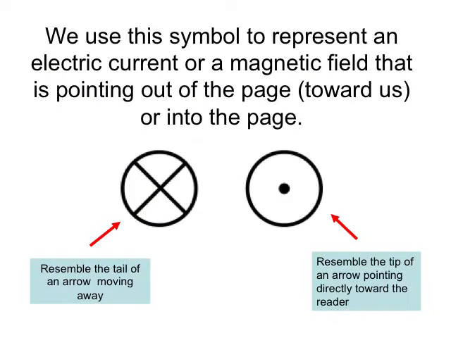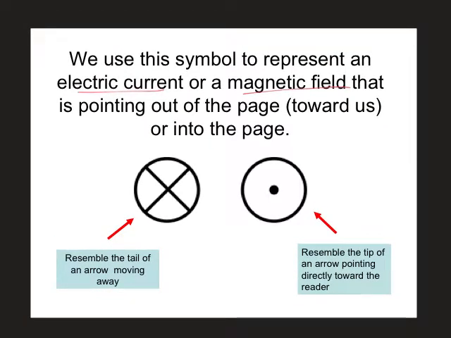There are certain symbols we use to represent the electric current or the magnetic field: it can be a cross or a dot. This cross and dot come from the arrow.